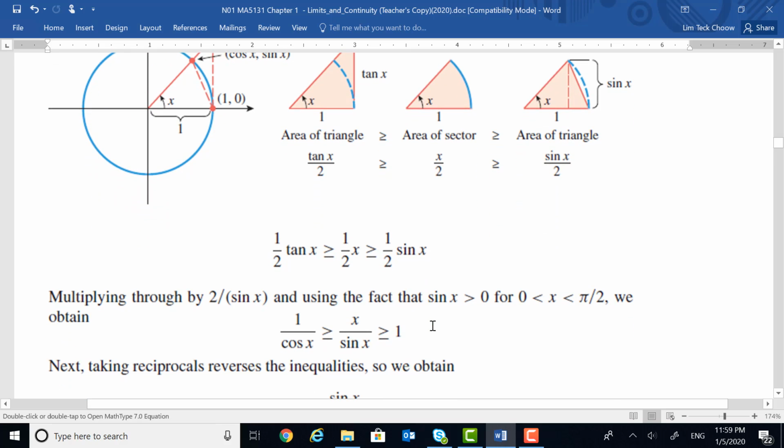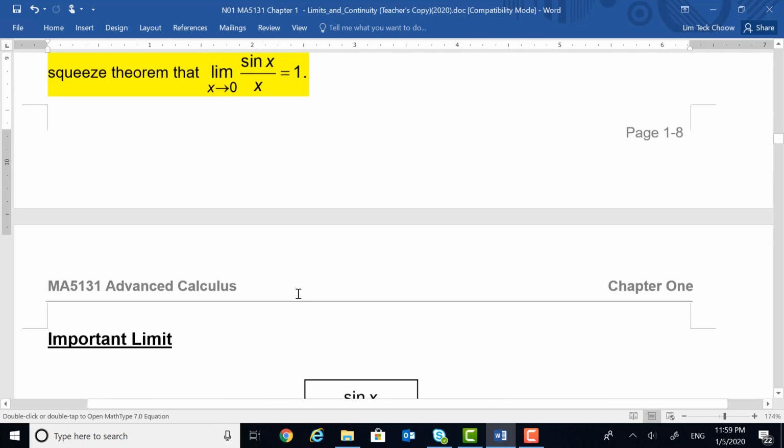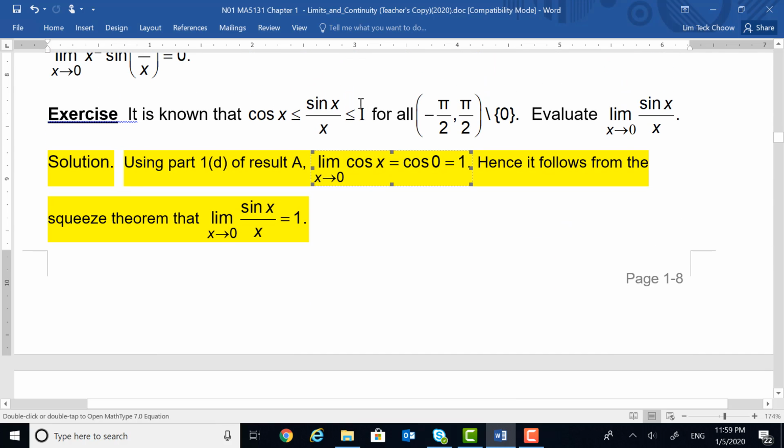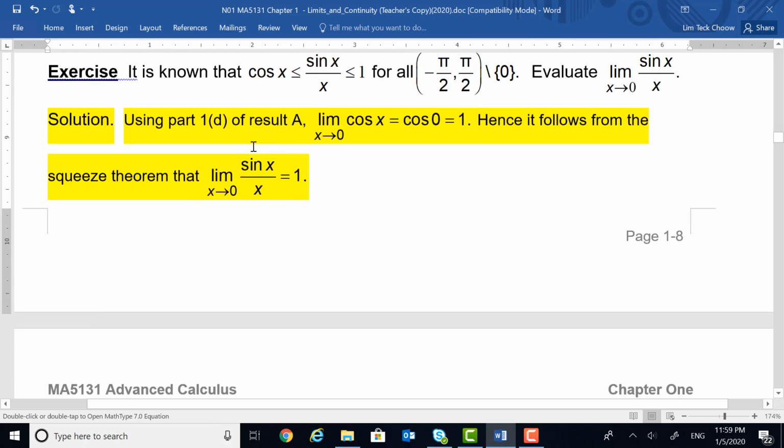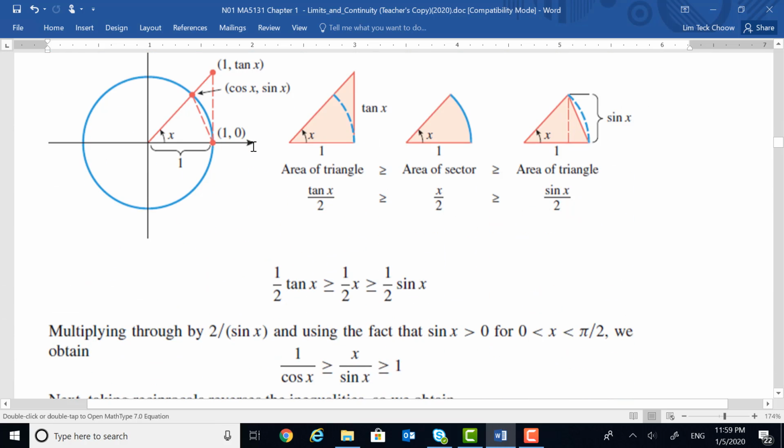So what happened is, if you were to multiply throughout by 2 over sine x throughout this expression, you will end up with this. Now you look at this one, and you look at the earlier one, it's quite similar. Right? They're quite similar. It's just a reciprocal of the earlier one, right? Okay.